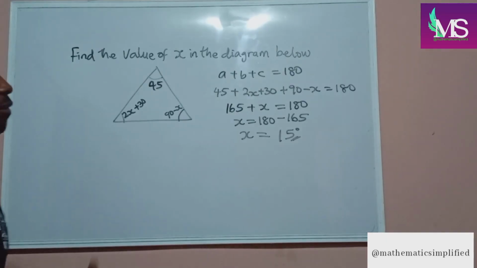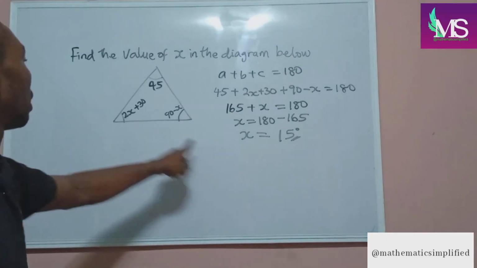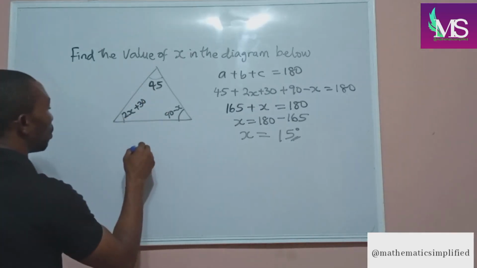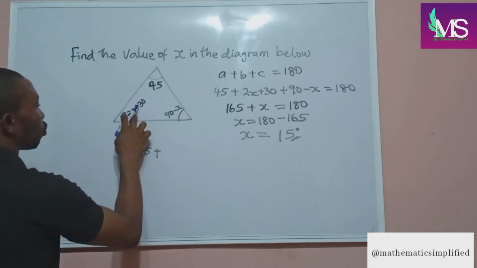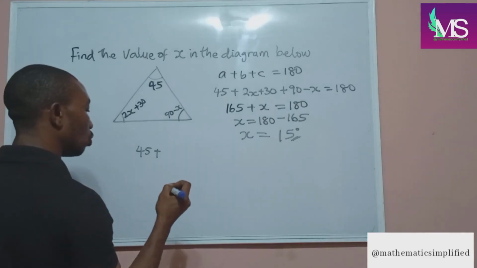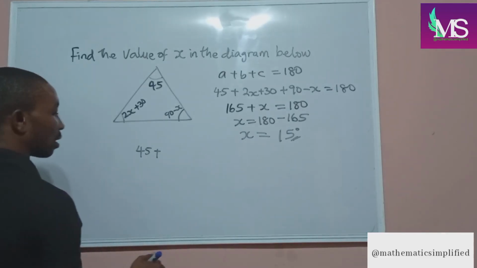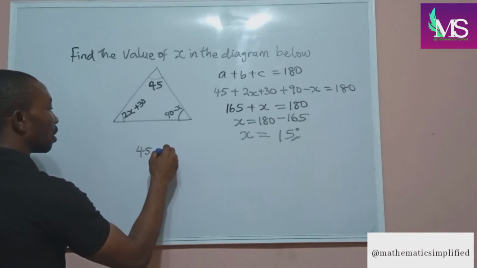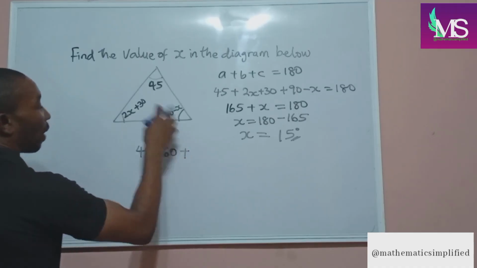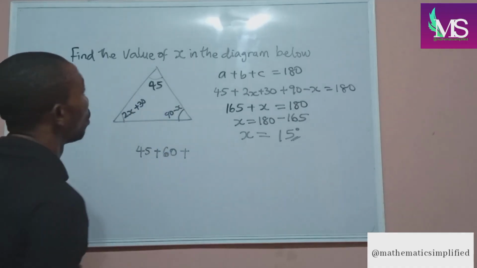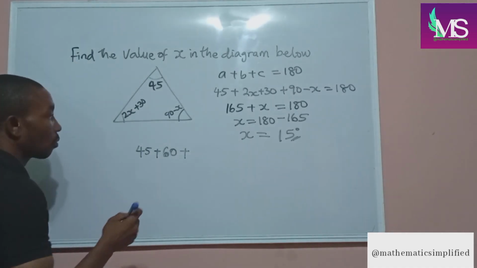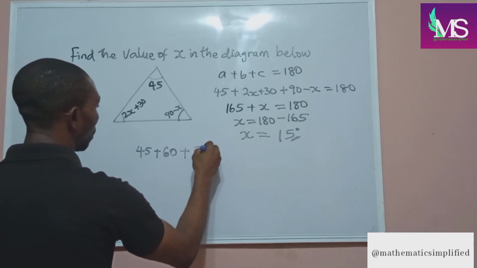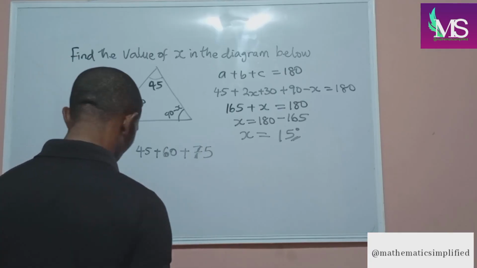Now let's see if our answer is correct. If our x is 15 degrees, this becomes 45 plus 2x, which is 15 times 2, 30. 30 plus 30 gives us 60. 60 plus 90 minus 15 gives us 75.